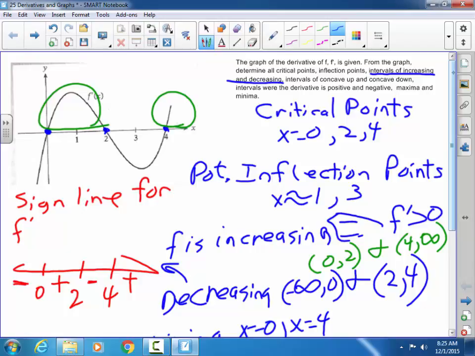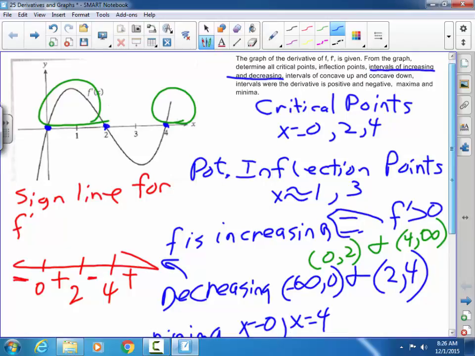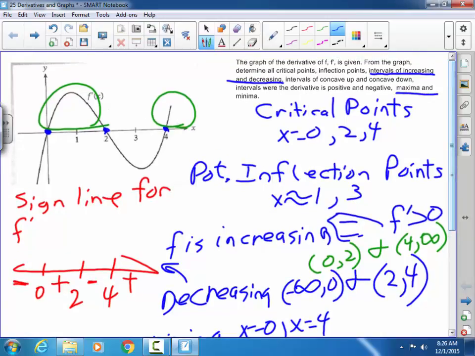See, it's not going to look like this graph because remember, we'll figure out what f looks like here in just a moment, hopefully. But no, it's not going to. We don't have a maximum at 2 and a minimum at 0 and 4 on the graph, because this is the derivative that we're looking at the graph of. So we figured out the maxima and the minima from that.